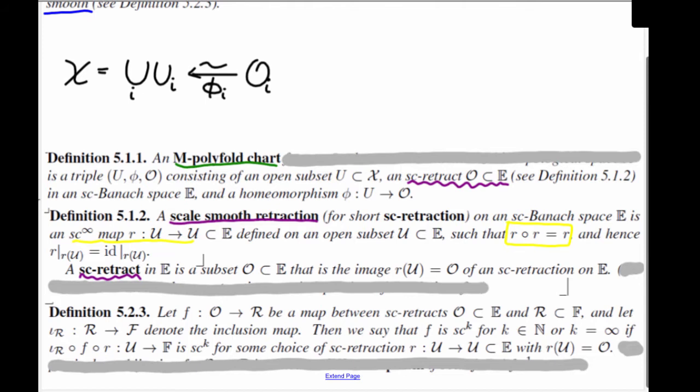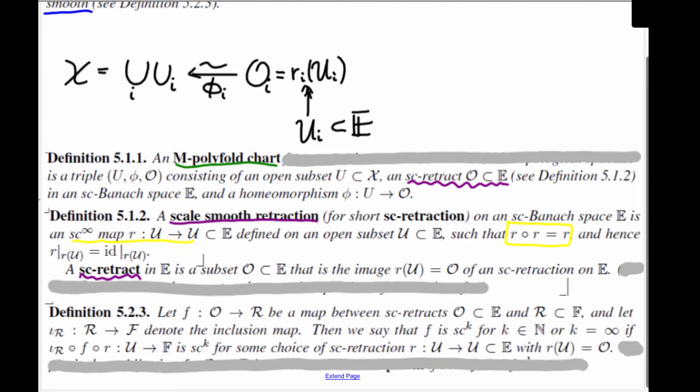And then we simply call its image the retract, right? So I'm going to have a whole bunch of retracts. So there's a curly U_i here, and that is the image now of some open subset U_i in some scale Banach space.